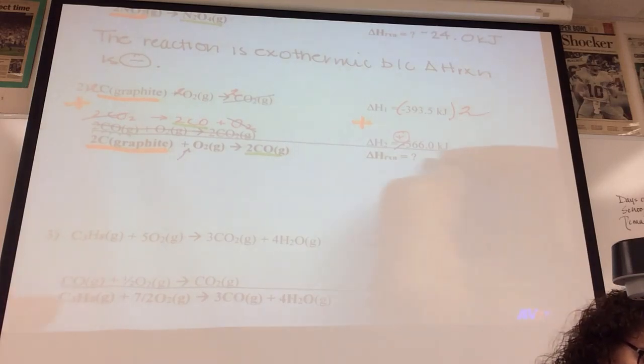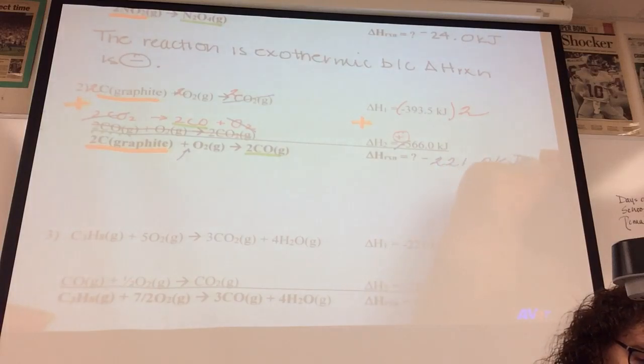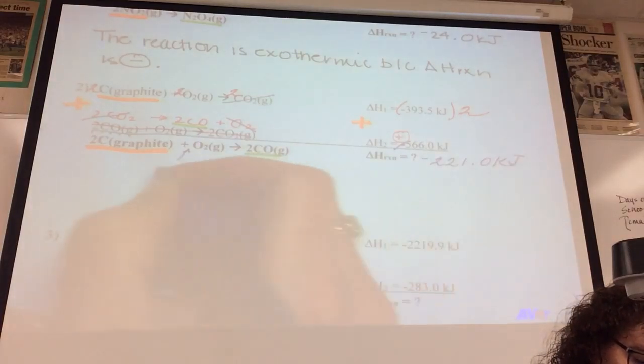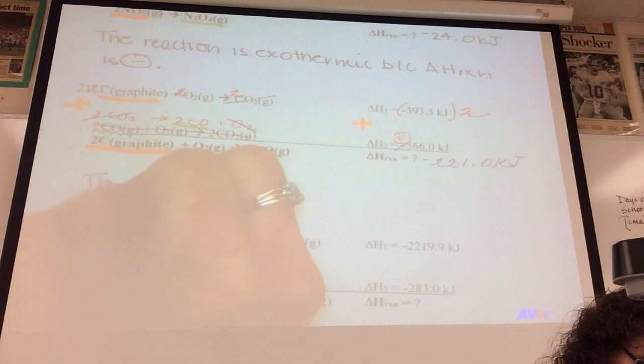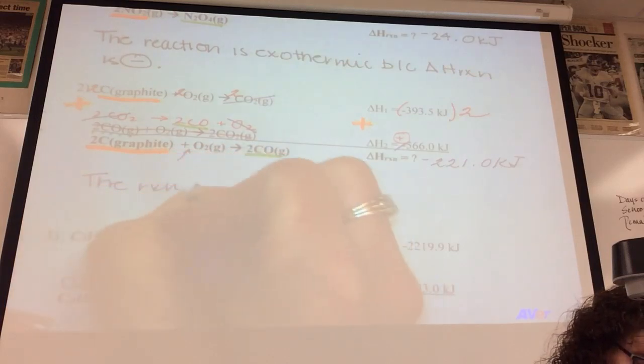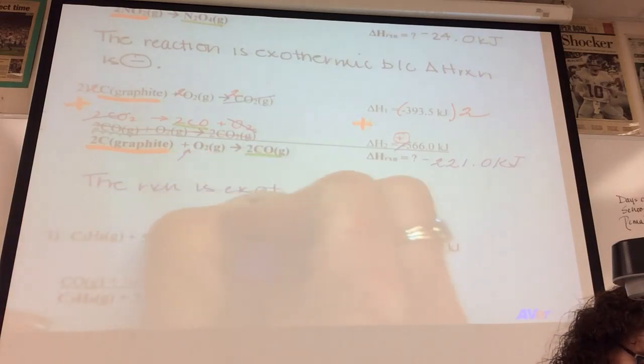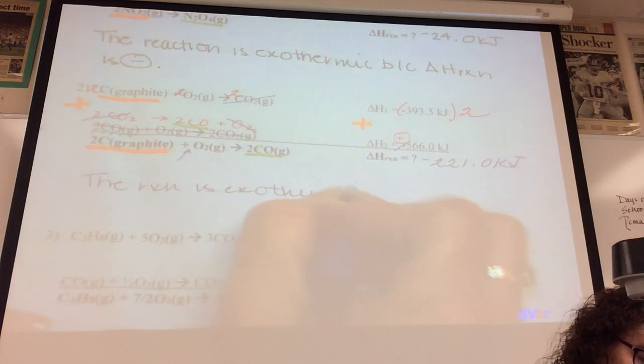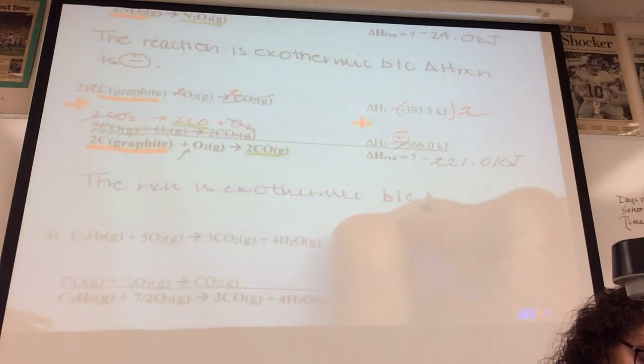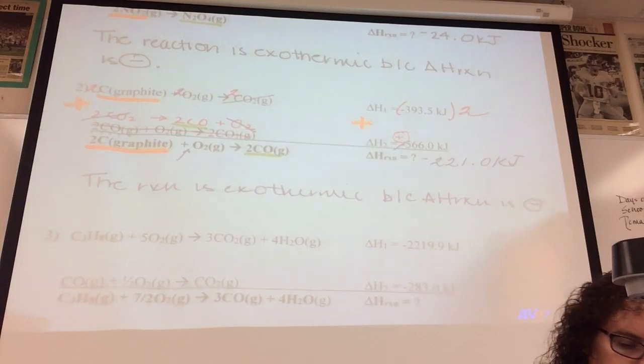And you get negative 221.0 kilojoules, maintaining that 1 decimal place. And again, the reaction is exothermic. You got it, because delta H for the reaction is negative.